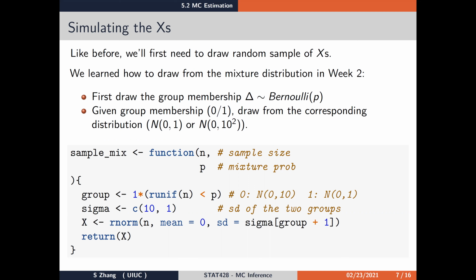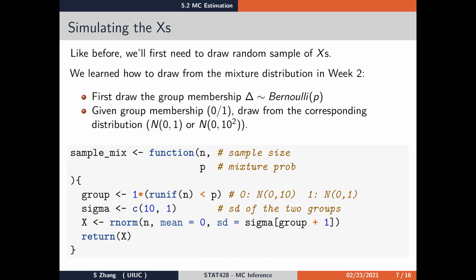So for all 20 samples, we draw delta, which follows the Bernoulli distribution with probability p. If you get a 1, it indicates that this person comes from the normal 0, 1 group, and if it's equal to 0, it means that this person comes from the normal 0, 10 group.